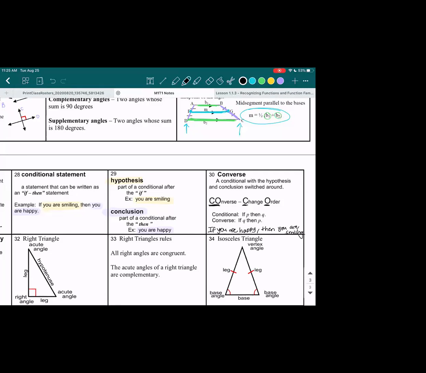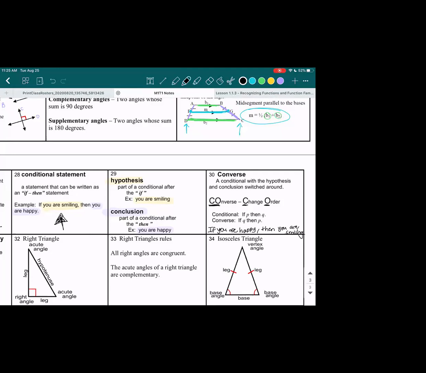Okay. So I took our original example, which is right over here, about if you are smiling, then you are happy. That was our original conditional statement. So what we do when we write the converse is flip it around. Instead of if you are smiling, then you are happy, I wrote if you are happy, then you are smiling. So you change the order of it.